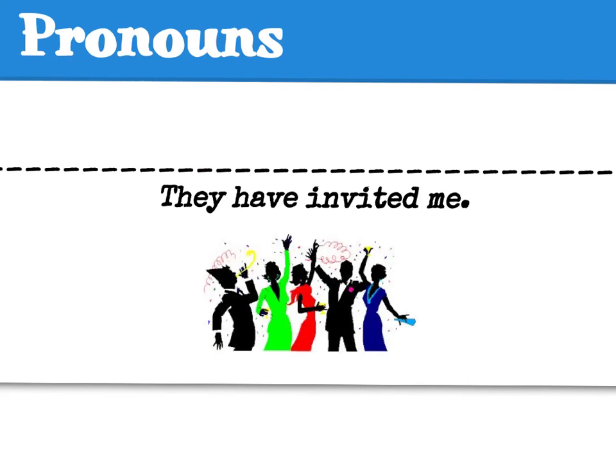Okay, so my first step is my pronoun. So I've got me. They have, so that's going to be han. And then my past participle comes from the verb invitar. Invitado. Me han invitado.